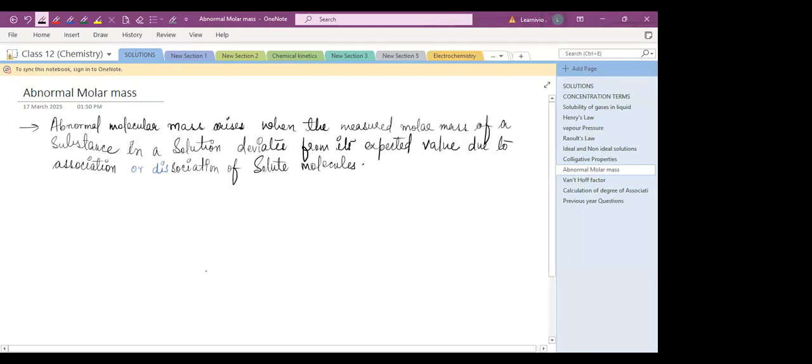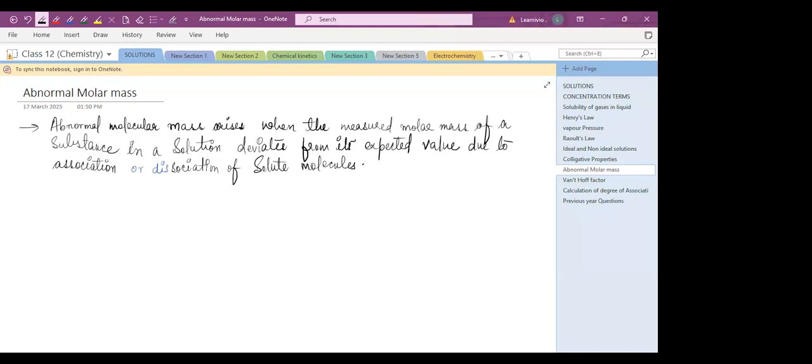Again I'm repeating, for any substance, if it is undergoing association or dissociation in the solution, experimentally the observed molecular mass, which is determined from the colligative properties, is different from the normal value as we expected.